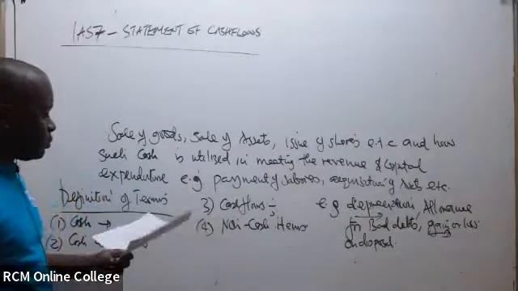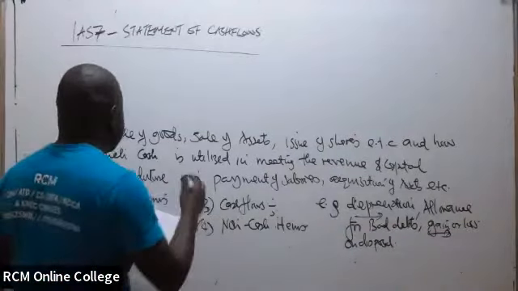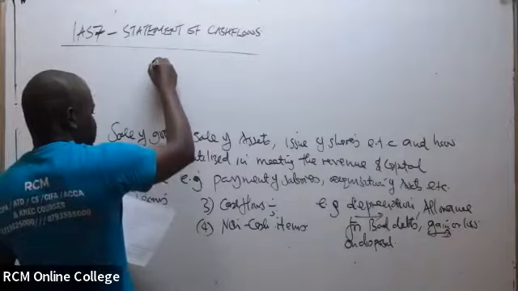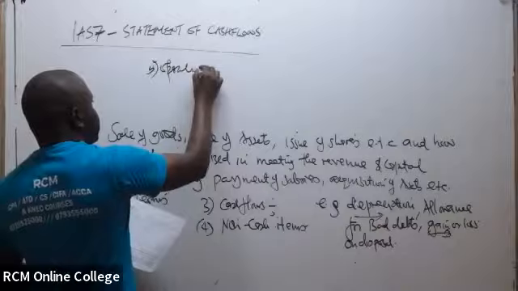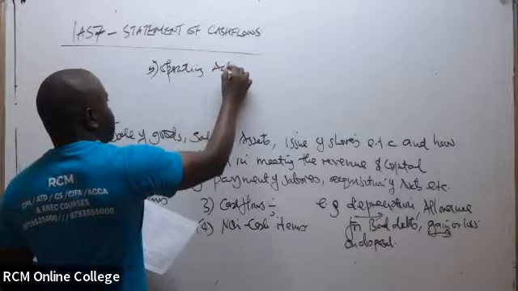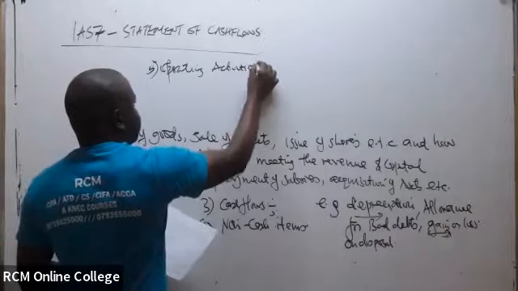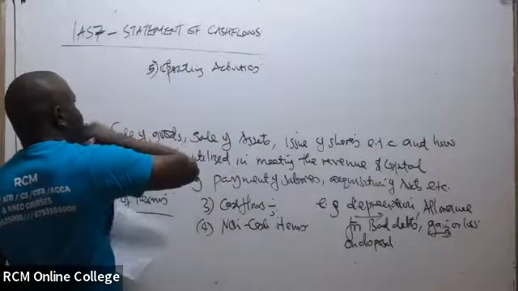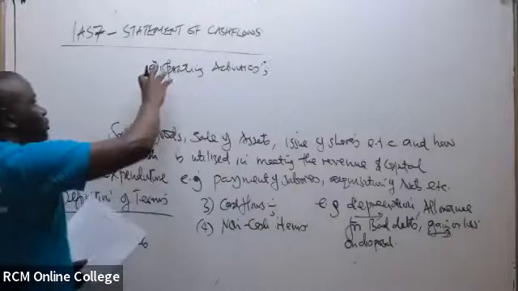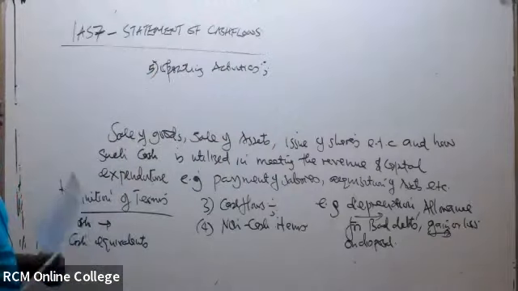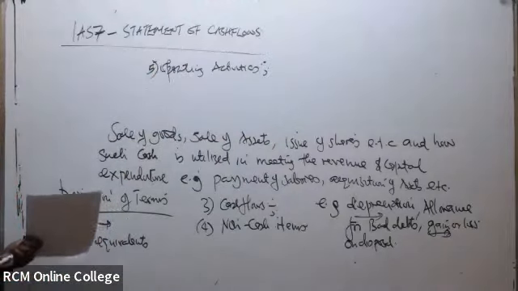Then another term we have in this case, operating activities. So what are operating activities? It is one of the components of a statement of cash flow.